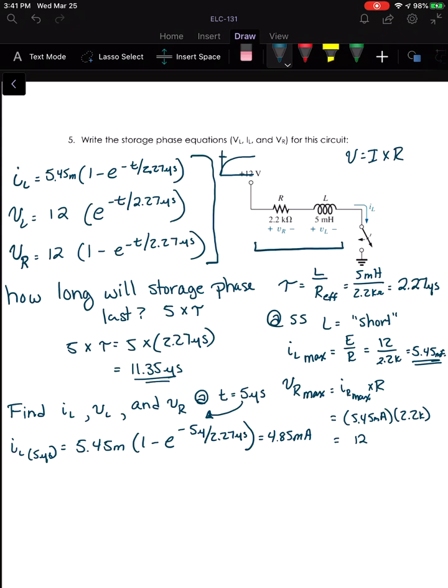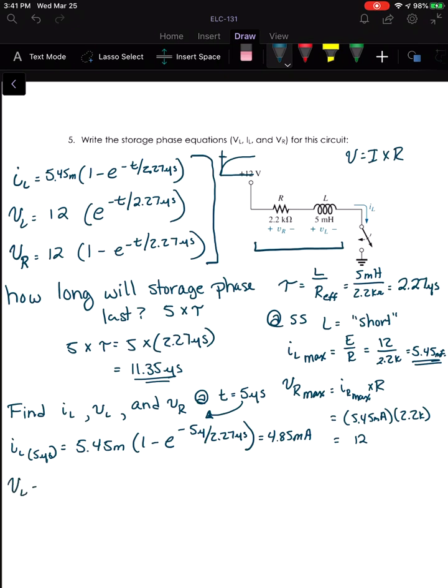So after a little less than half, it's getting up there. Okay, this is probably at about 2, a little bit more than 2 time constants. So we should be at more than about 80% of our final current.